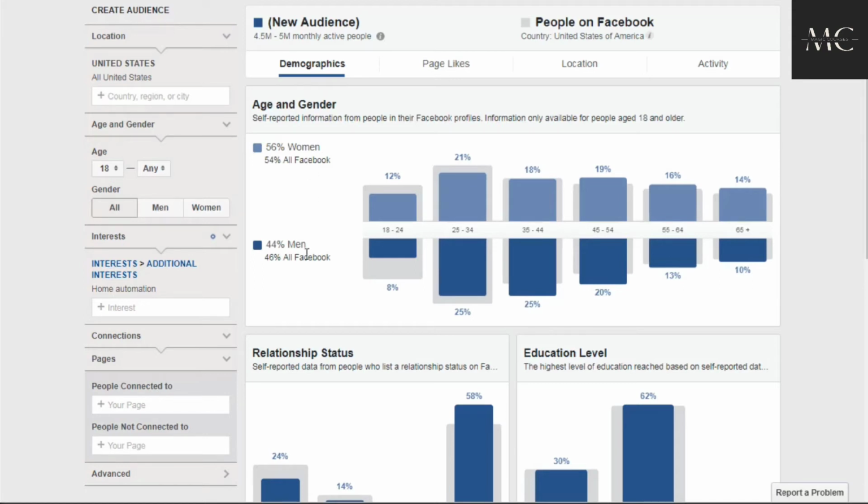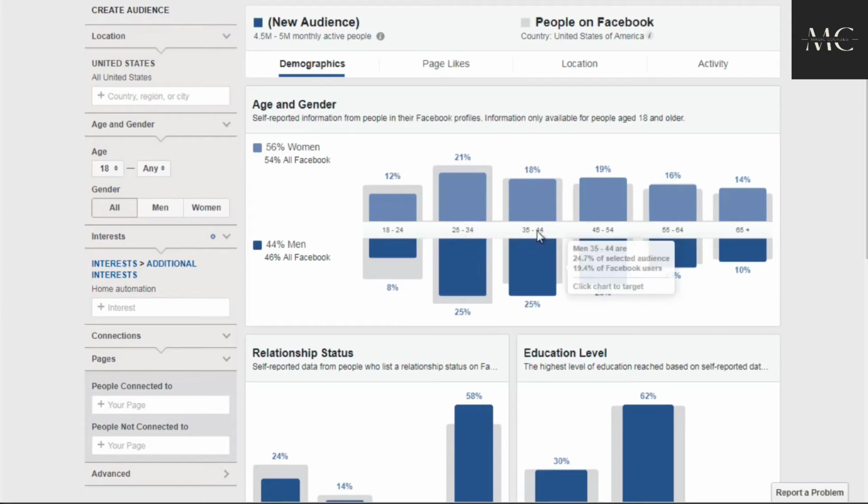Now, the nice thing about this tool is it allows you to paint the picture in a better light. Let's say, for example, that we want to figure out, are these women single or are they mainly married? You can see 21% is the highest here. We've got 25% for men for ages 25 to 34. So this age bracket seems to be more interested in home automation.